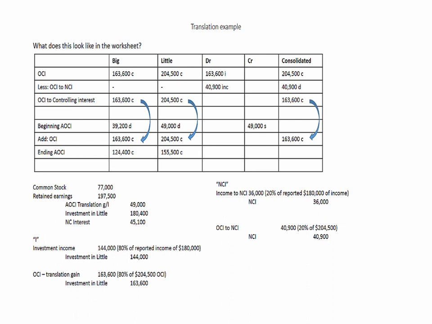And we transfer that down to the statement of accumulated other comprehensive income. Now for the statement of accumulated other comprehensive income, just as we do for the statement of retained earnings, we eliminate Little's beginning of year AOCI, leaving us with the parent's balance of $39,200, add the other comprehensive income to the controlling interest, and we get the AOCI of $124,400.